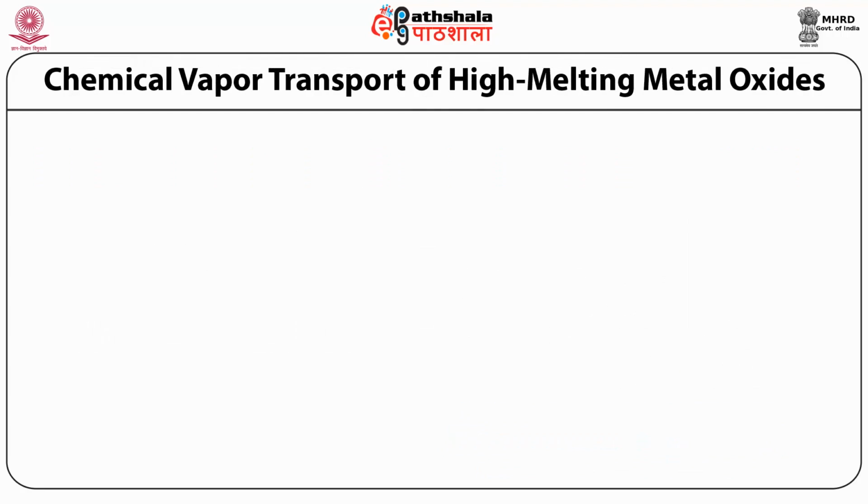A chemical vapor transport of high melting metal oxide will be discussed. Chemical vapor transport of high melting metal oxide is another growth technique for obtaining nanowires.